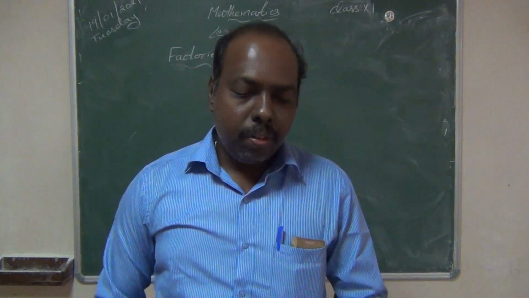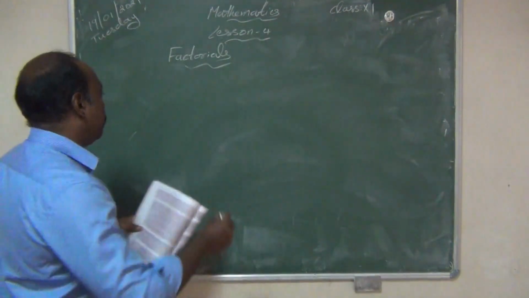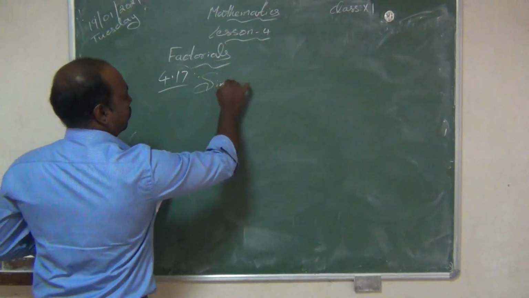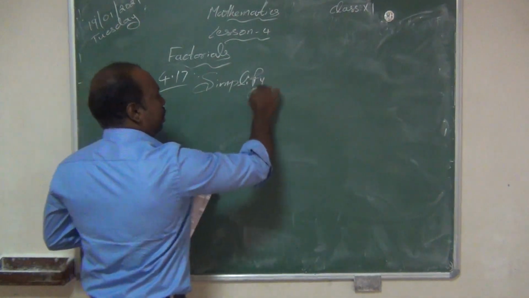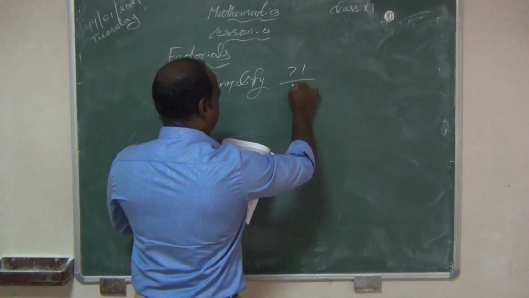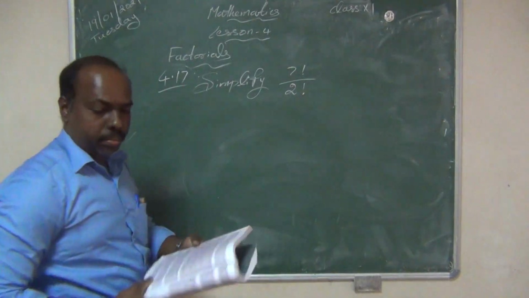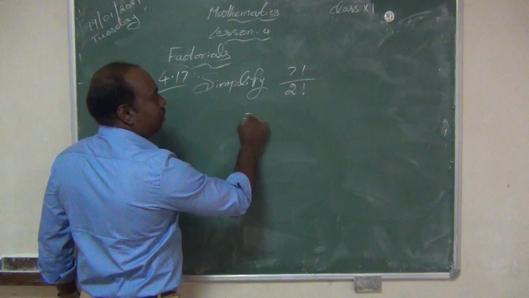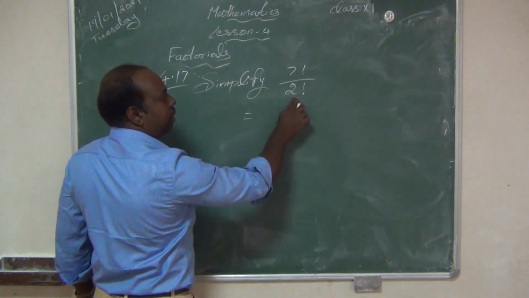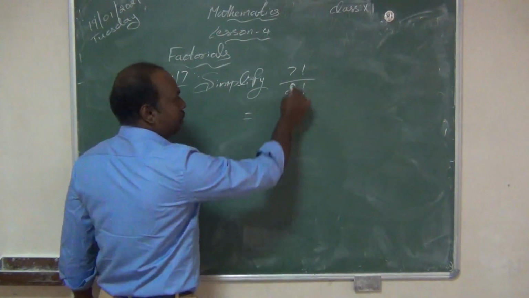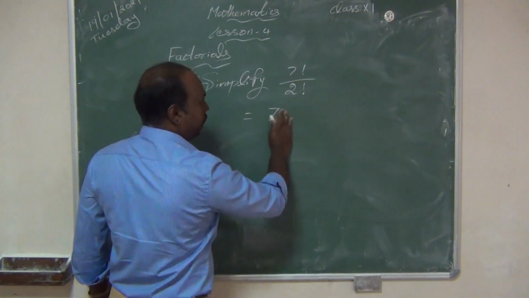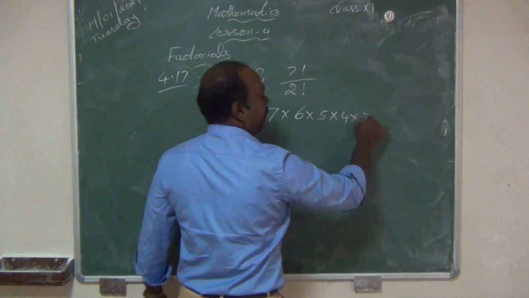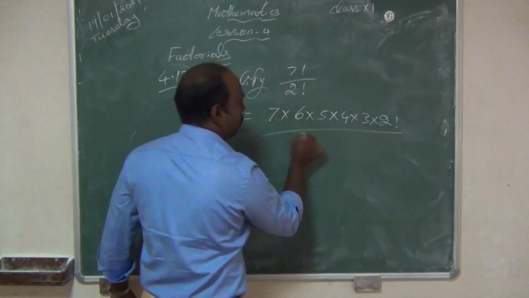Now next example 4.17. Simplify 7 factorial divided by 2 factorial. So 7 factorial can be written as, since in the denominator we have 2 factorial, 7 into 6 into 5 into 4 into 3 into 2 factorial divided by 2 factorial.